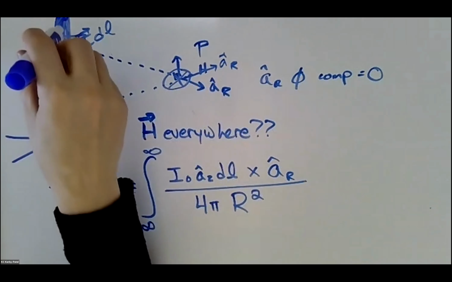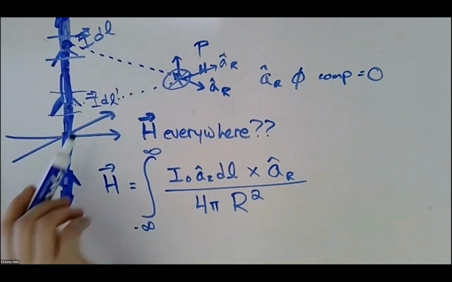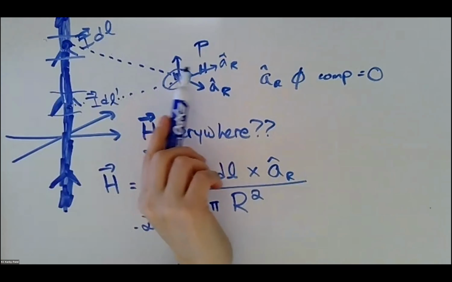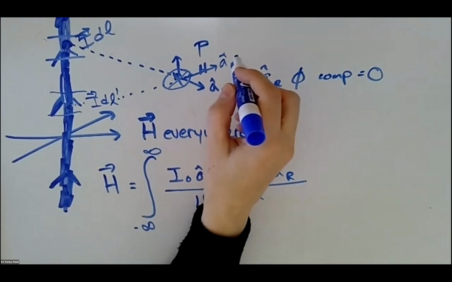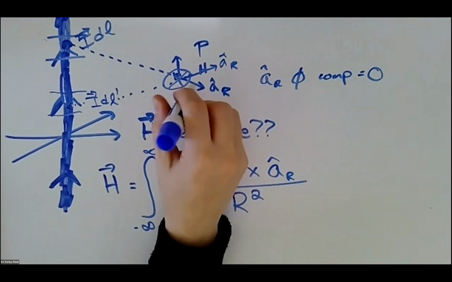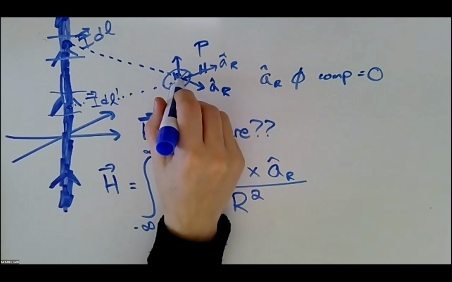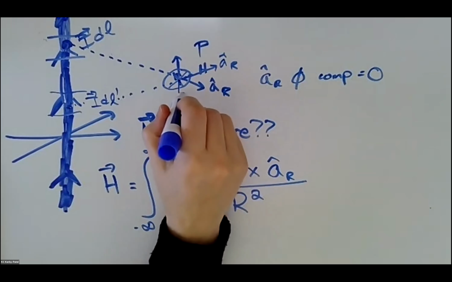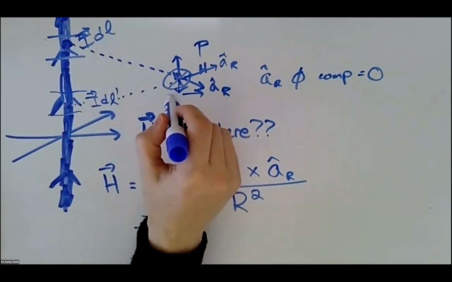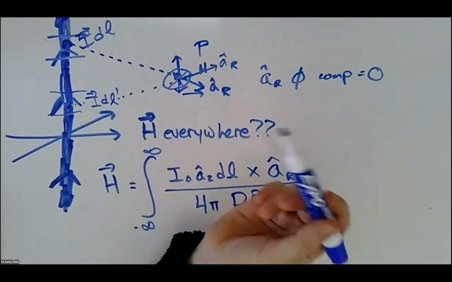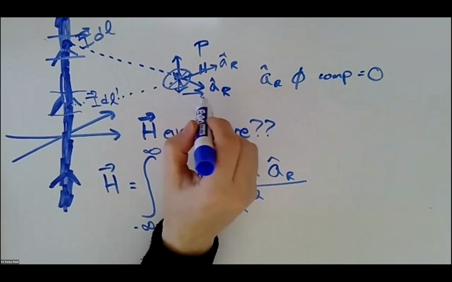When I cross the direction of my current vector with the a hat r component, well, I guess I don't even need this part, because what I'm really saying is that a hat r has a z component and a rho component, but z cross z is going to be 0 because parallel vectors' cross products are always 0. So only the rho component counts.